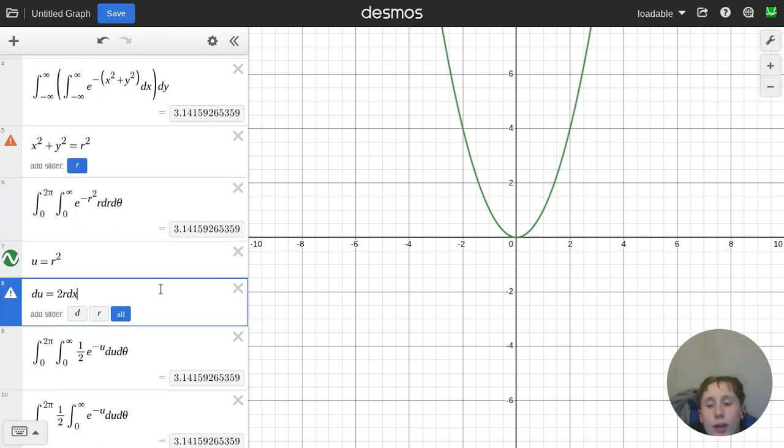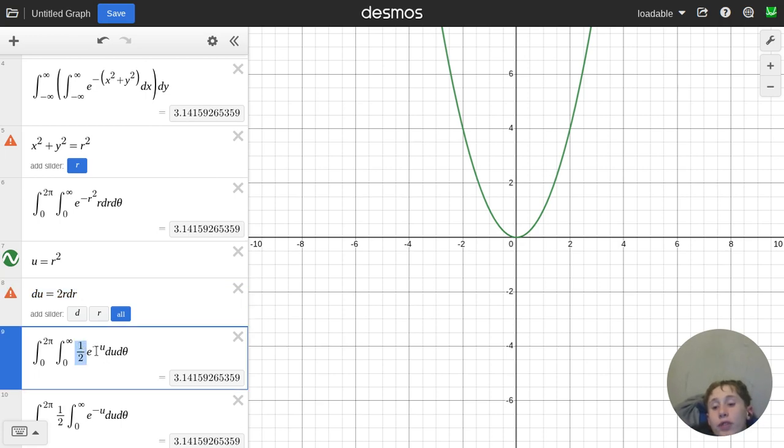That's half of the original. So that's half of this. So we plug in that 1/2, and then put in the du and the e to the negative u. And then we differentiate by the angle.